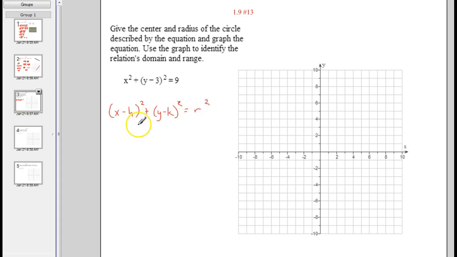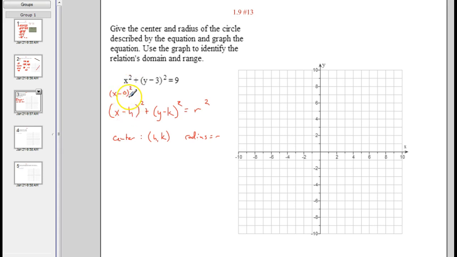To come up with the center, the center is (h, k) when we have it written this way, and the radius is r. If you look here, there is no minus 8. We're not adding or subtracting anything from x. So just remember, we can always write that as x minus 0, because x minus 0 is x.